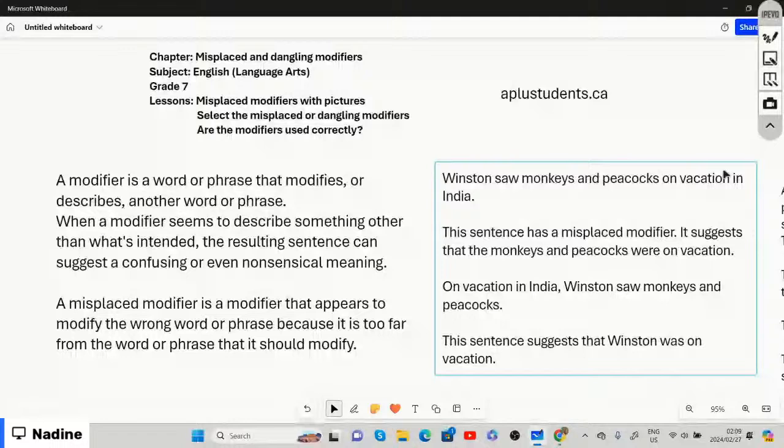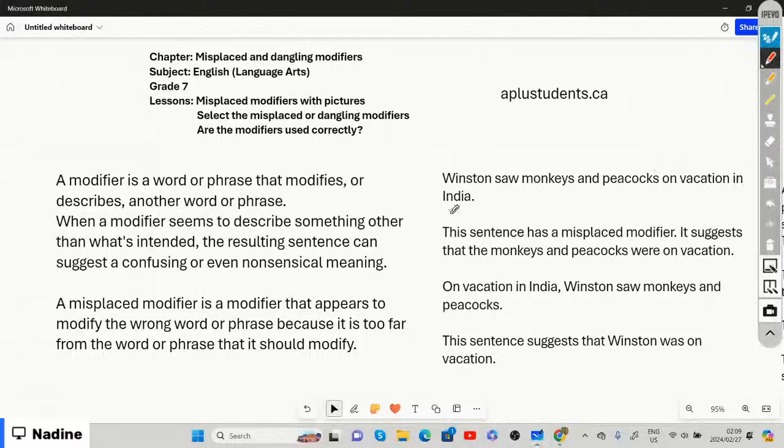And usually when we talk about modifying, we either talk about adjectives or adverbs, right? That either describes or modifies another word, the noun or the verb, for example. But in this case, a modifier is a word or phrase that modifies or describes another word or phrase.